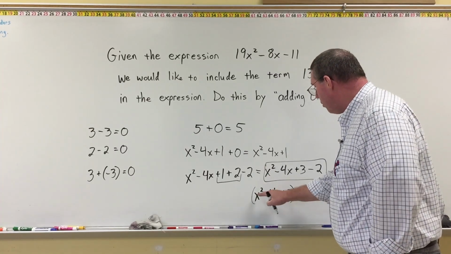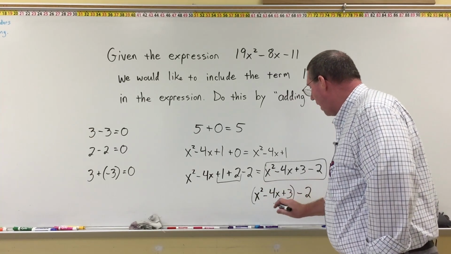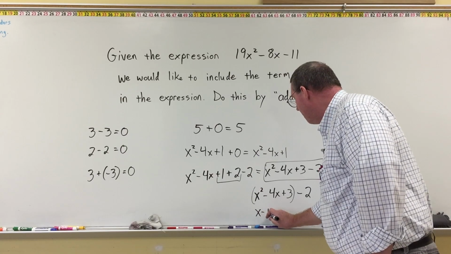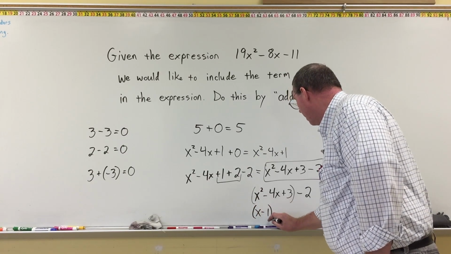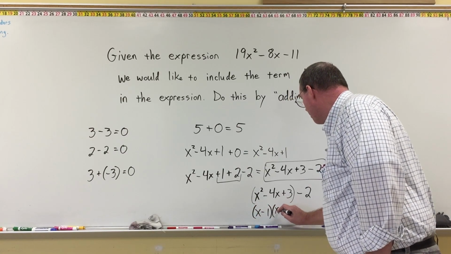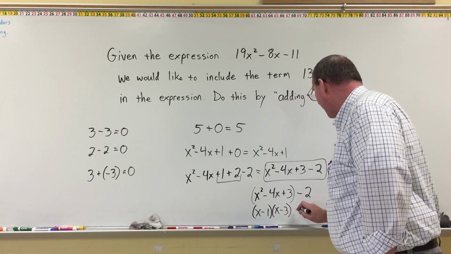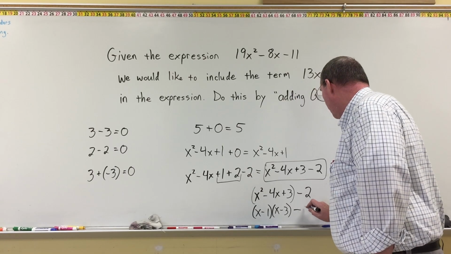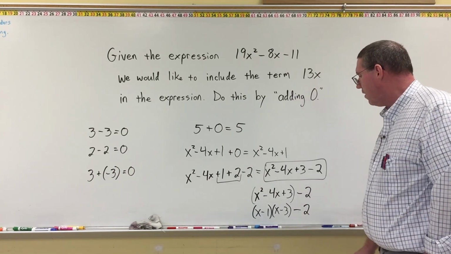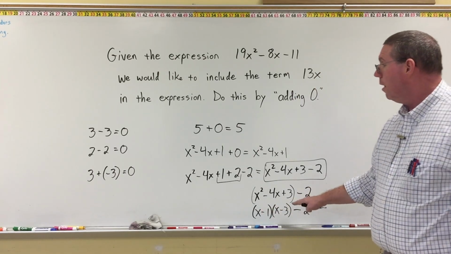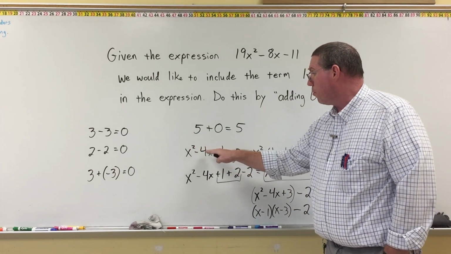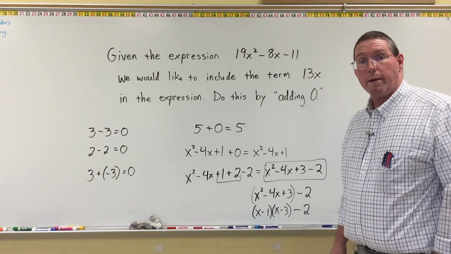We can now manipulate this mathematically as x minus 1 times x minus 3, and then I can just tack on the minus 2 on the end of it, and now it is still the same as x squared minus 4x plus 1, okay?